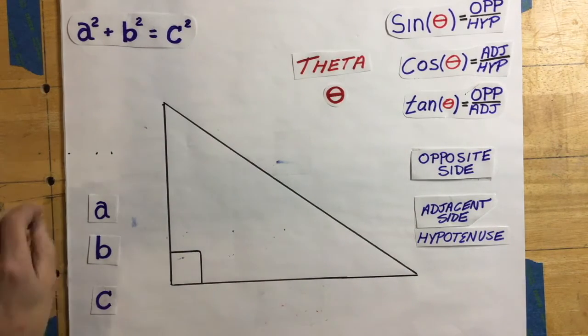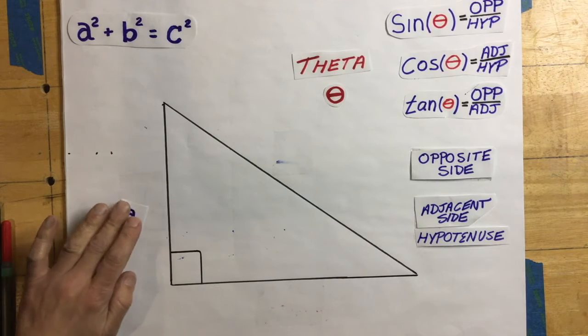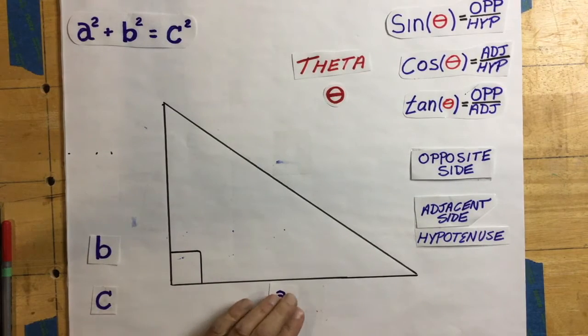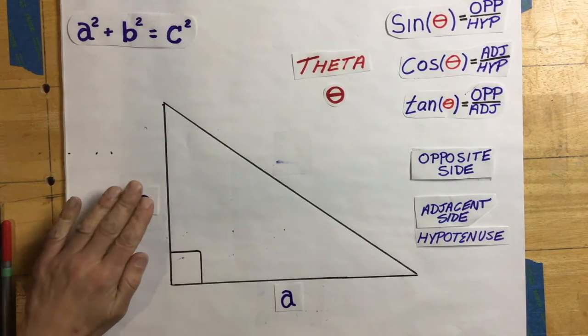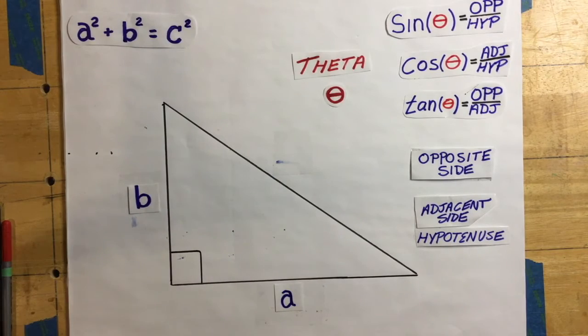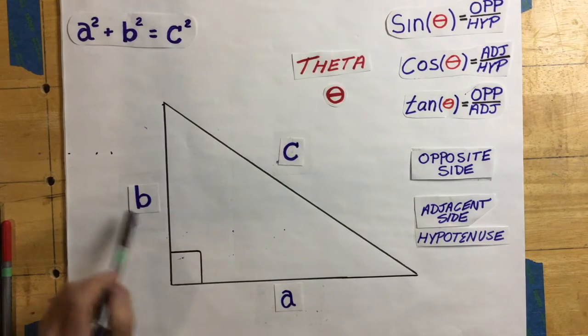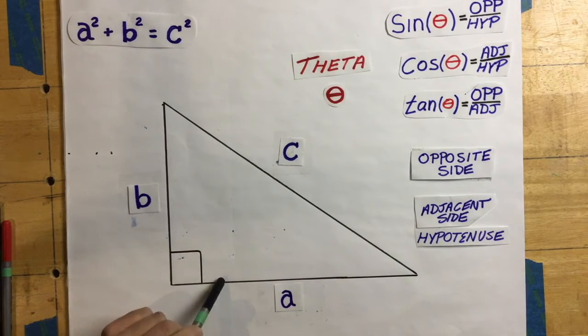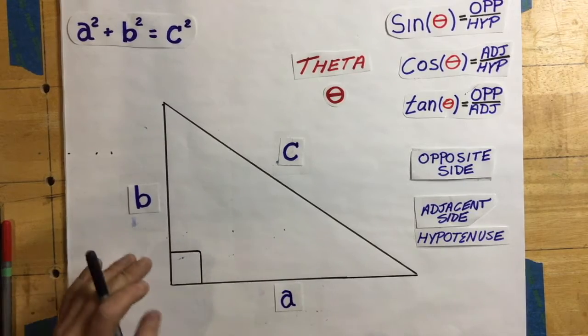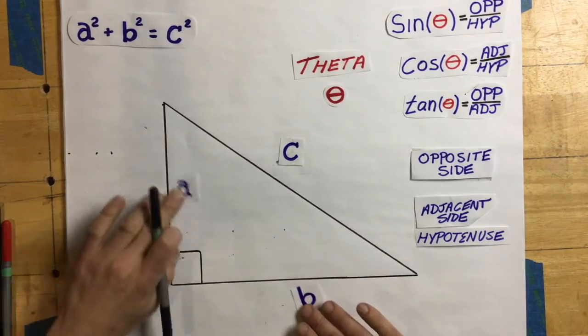What math typically does, in most textbooks I've seen, is they will arbitrarily use the letters A, B, and C, where A and B are always the legs of the triangle, and C is always the hypotenuse. Depending on the textbook, A and B might be over here.